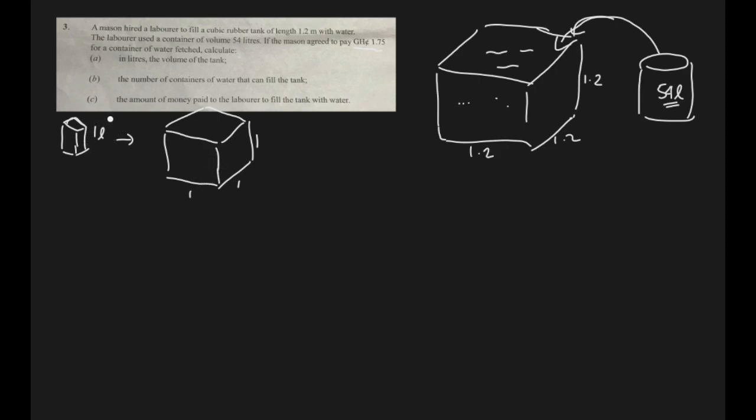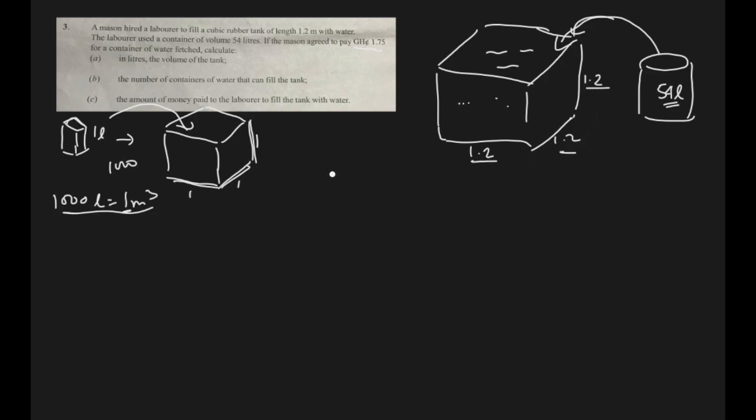It will be 1000. So the relationship is 1000 liters is equal to 1 meter cube, because 1 meter times 1 meter times 1 meter. This is the relationship we are going to use here. So if 1 meter cube has 1000 liters, how many liters will come in this one?